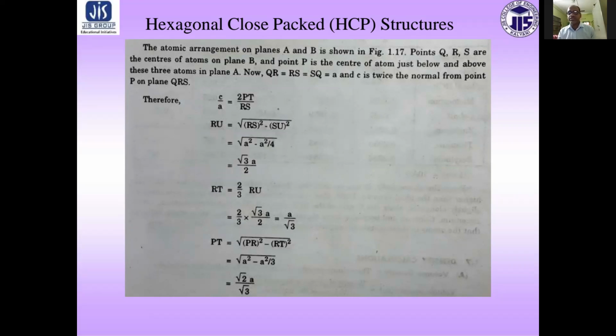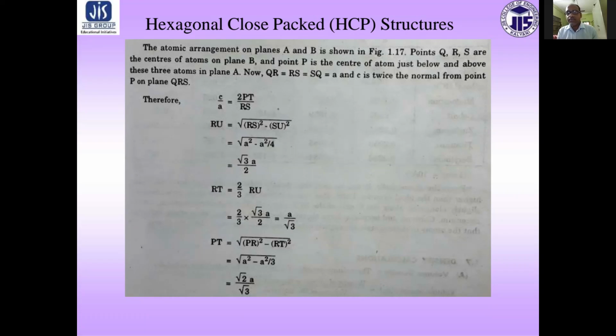Now from the geometry, we know that RU is calculated as root over RS square minus SU square, that is root over a square minus a square by 4, since SU is a by 2. So ultimately the RU value we find is root 3 by 2 into a. Now from the geometry, as we saw earlier, RT is equal to 2/3 of RU.